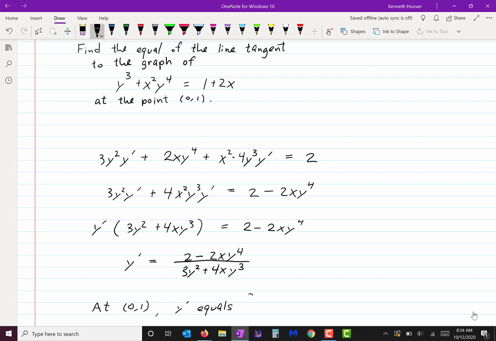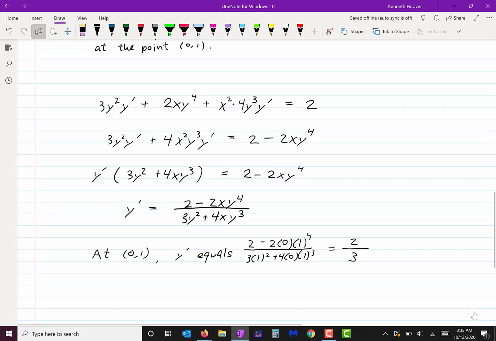It would equal 2 minus 2 times 0 times 1 to the 4th over 3 times 1 squared plus 4 times 0 times 1 cubed. Work that out. We get 2 on top, 3 on the bottom. So it's 2/3. That's the slope of the tangent line.